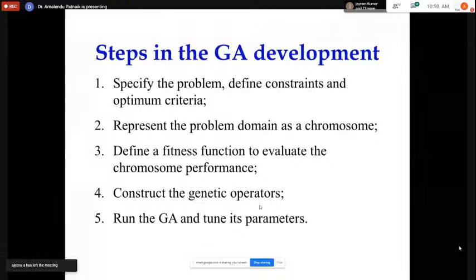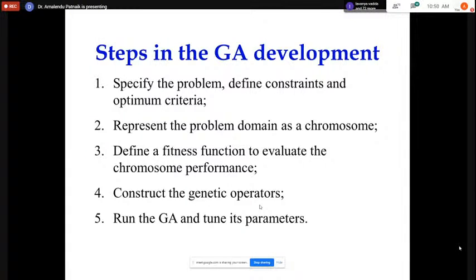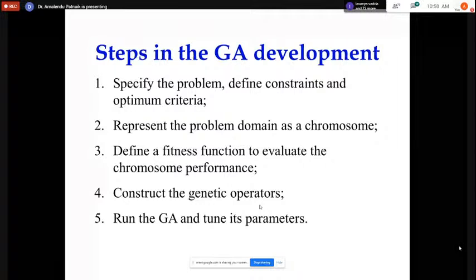Why are these important? Because in some cases, like if you want to solve a problem for a real-time application, there time plays a major role. You need to get the solution within a stipulated time, right?